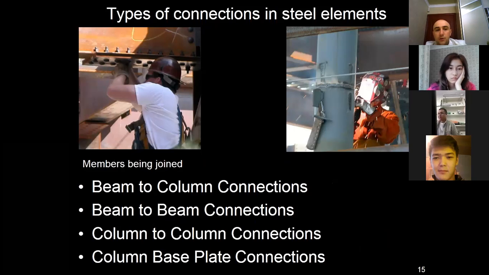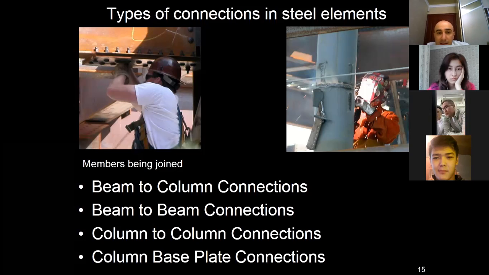So classification of the connections is also commonly made by the structural members that they connect, like beam to column, beam to beam, and column to column, column base plate connection, and so on.